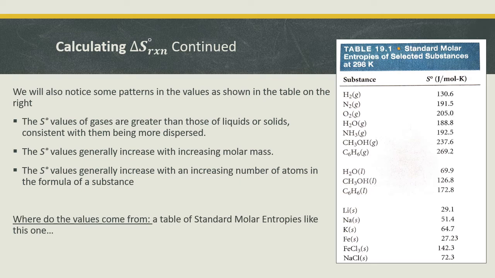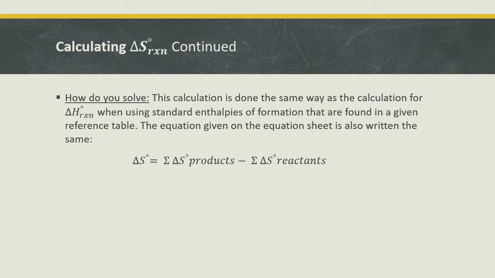So these values, where do they come from? Tables like this and the one that you have in the back of your book. We used it for the delta H values already, so this is actually going to be the last column in that same table. All right, so how do we solve it? This calculation is done the same exact way, actually, as the calculation for delta H when we use the standard enthalpies of formation, so using that same table in the back of our book.